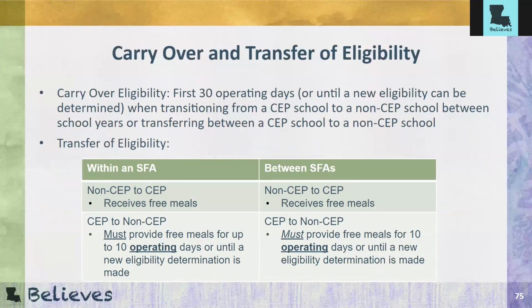Carry over eligibility. For the first 30 operating days or until a new eligibility determination is made, a child must be given free meals when transferring from a CEP school to a non-CEP school between school years, or transferring between a CEP school and a non-CEP school.